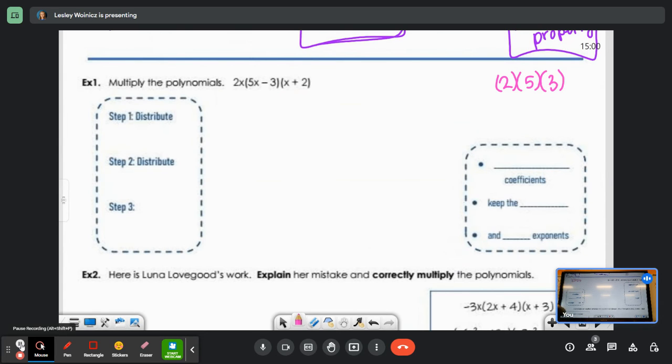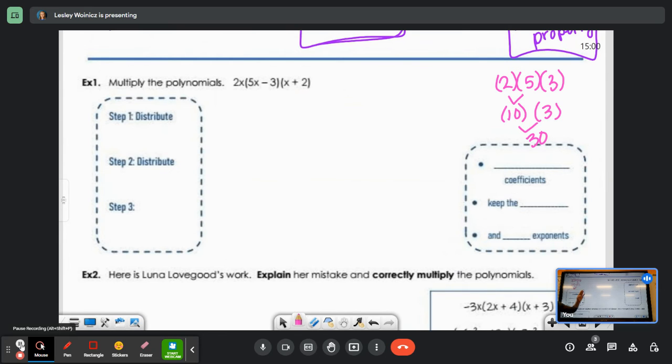So if I multiply 2 and 5, what do I get? 10. Okay, thank you. And then I bring down the 3, and I multiply the 10 with the 3, right? And I get 30. That's not a surprise to anybody. What I don't do is do 2 times 5 and 2 times 3. Can we all agree about that?